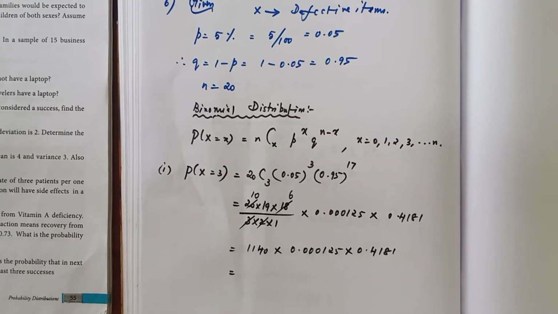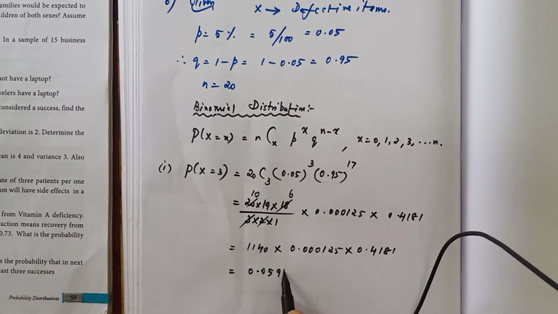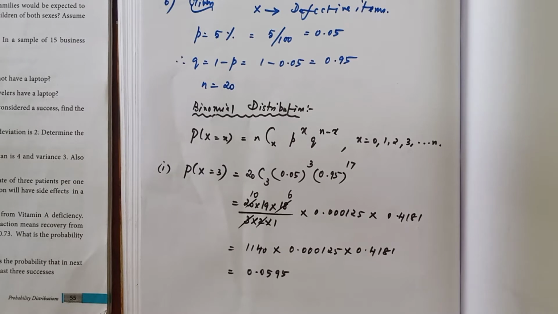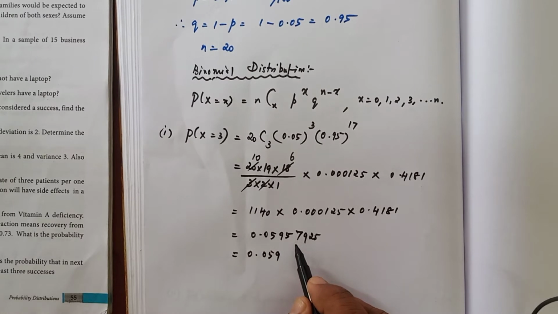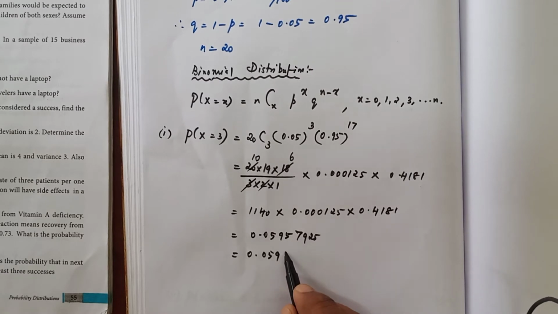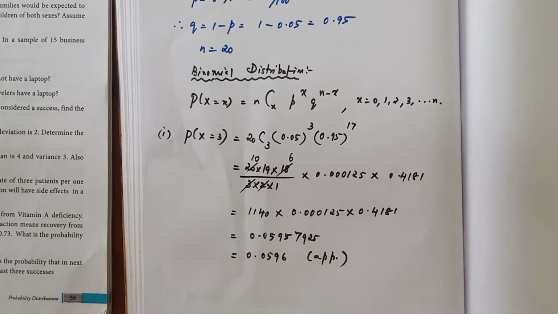If you multiply everything, you will get the value 0.0595 7925, that is equal to 0.059. It can be rounded to 4 decimal places. So look at the fifth digit. If it is 5 or more than 5, you add 1 to the previous digit. Since we have 7, the 5 becomes 5 plus 1, 6. You just write approximately. That is subdivision number 1 over.